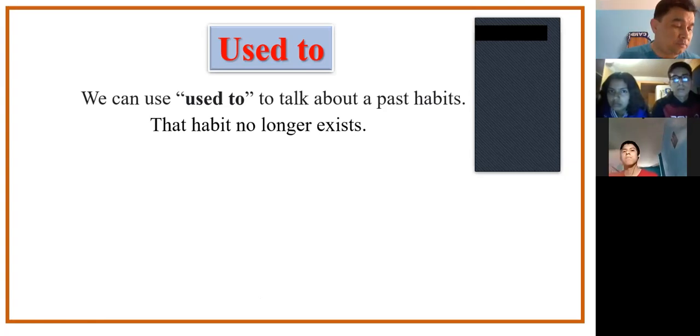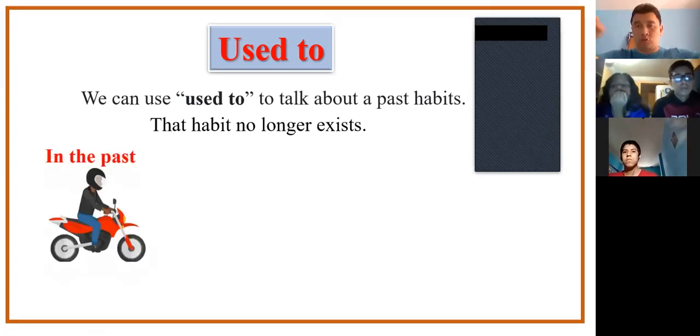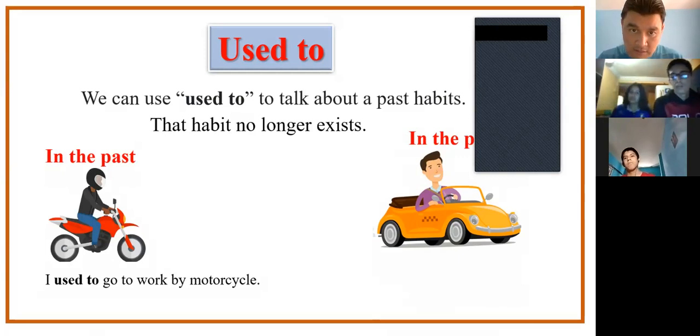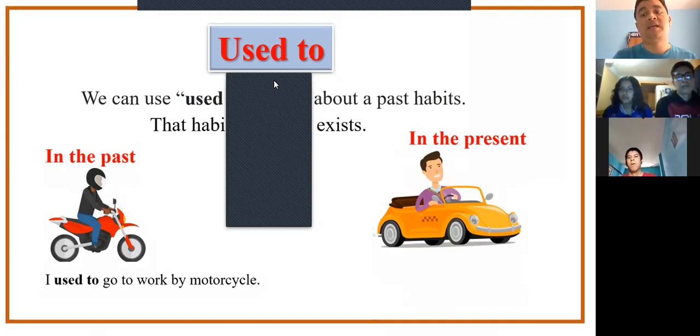For example, I'm going to give you an example. You see the motorcycle, you see the picture, correct? In the past, I say, I used to go to work by motorcycle. Good. I used to go to work by motorcycle in the past. But in the present, as you can see in the picture, the present is different.